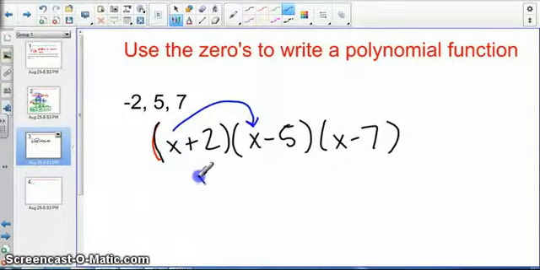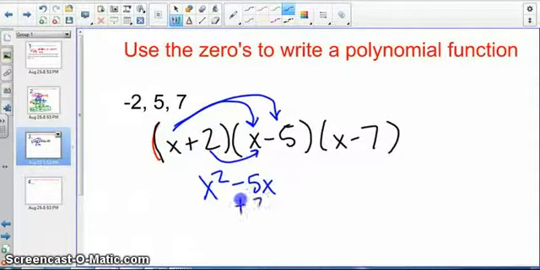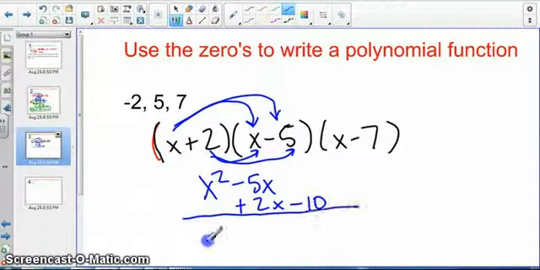X times x is x squared. X times negative 5 is negative 5x. 2 times x is positive 2x. 2 times negative 5 is negative 10. Combine those like terms. You have x squared minus 3x minus 10.